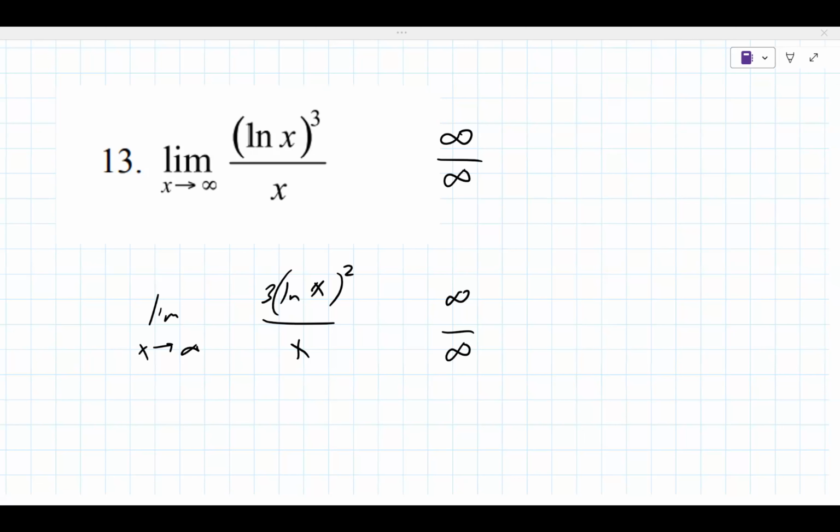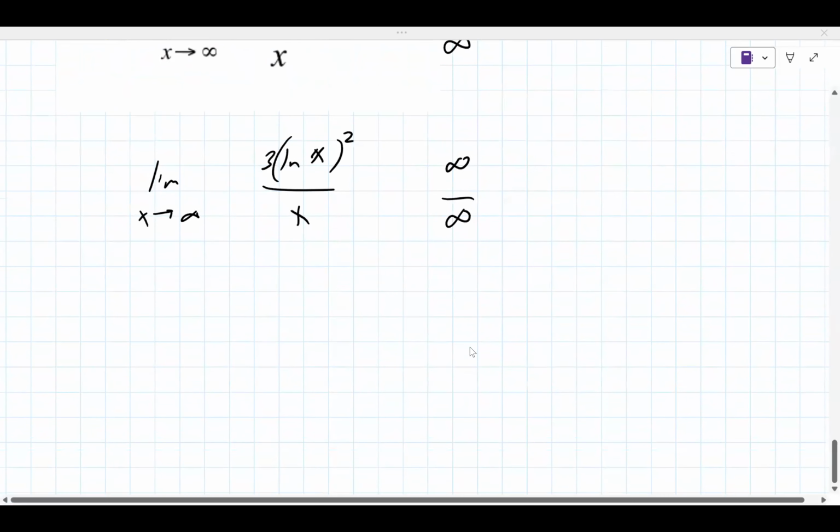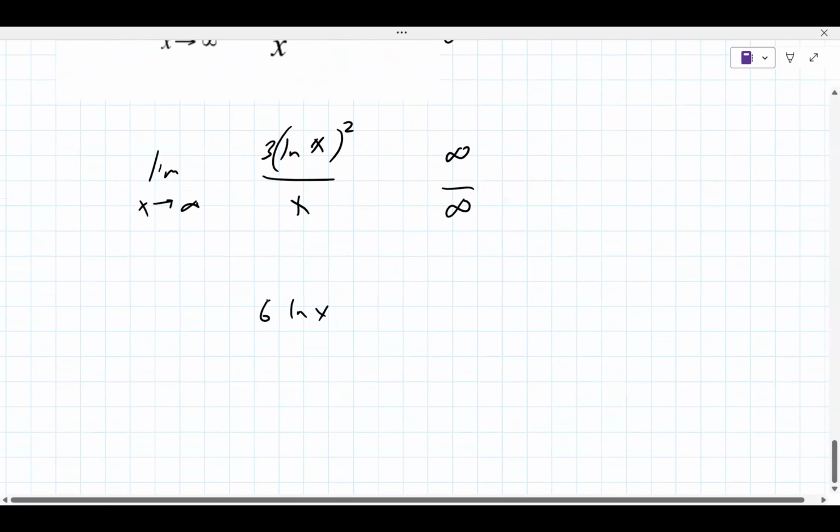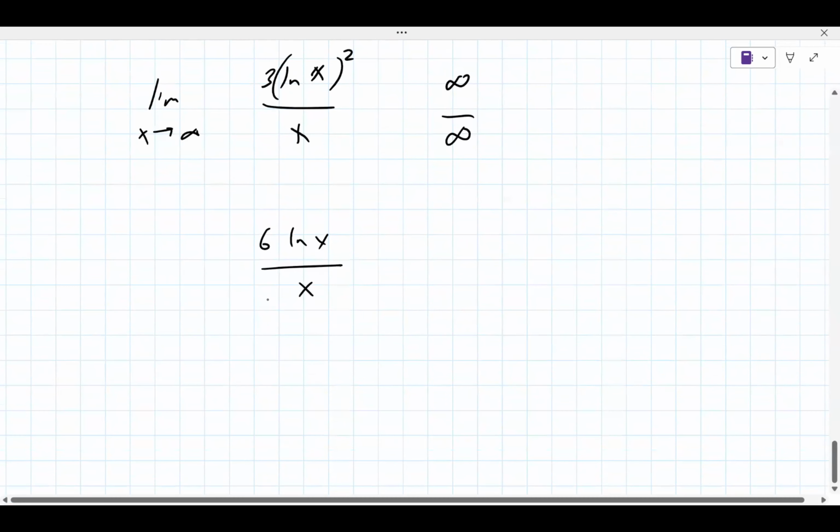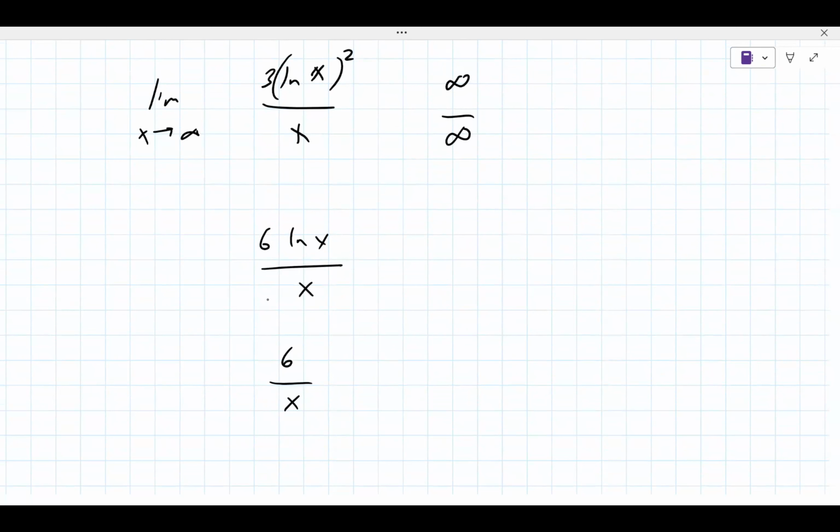Okay, you get 0 because it's a constant over x. Yeah, you keep getting the same. You get 6 natural log of x over x, and then you get 6 over x. And that's 0.